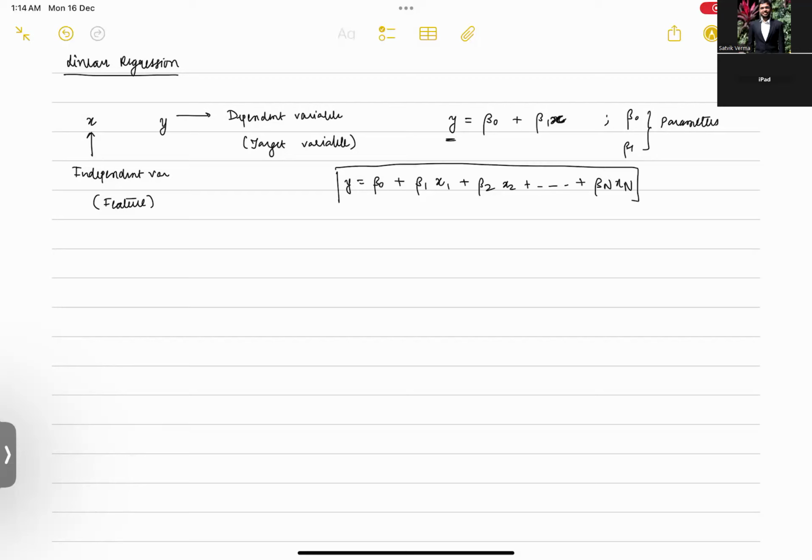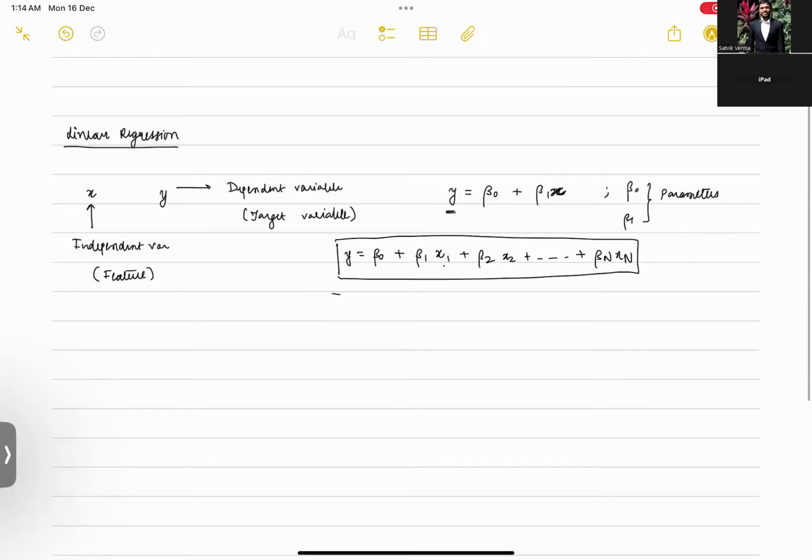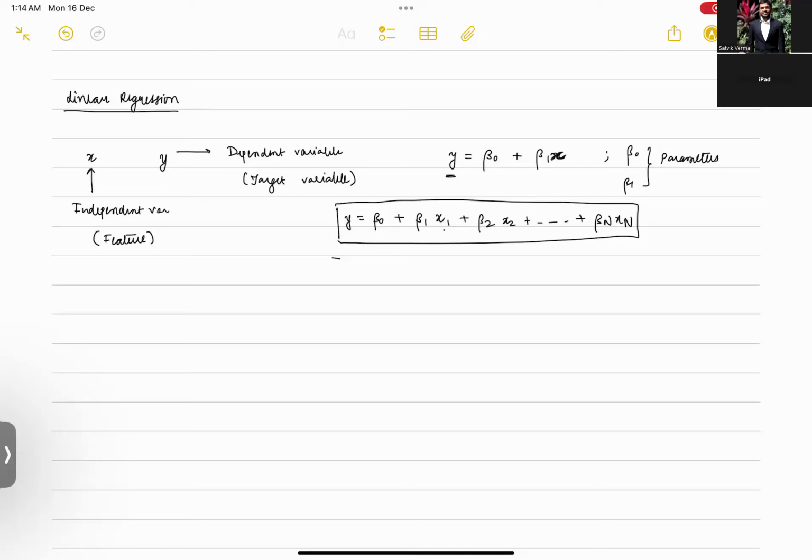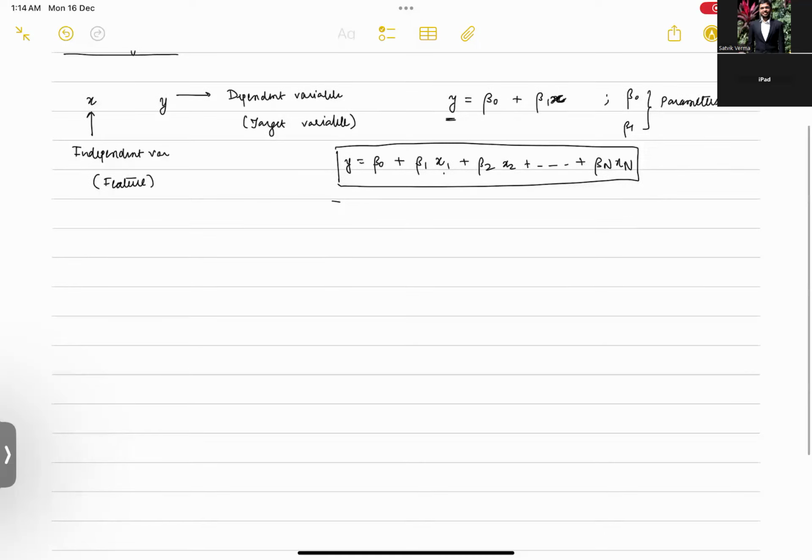So as long as all of your features as well as your target variable have a power 1, we'll call it a linear regression model because we are trying to establish a linear relationship between all of these variables, right? So now, naturally, this is a model. Therefore, we'll be able to predict the value of our target variable based on the values of features that we already have. So that is what a model does, right?